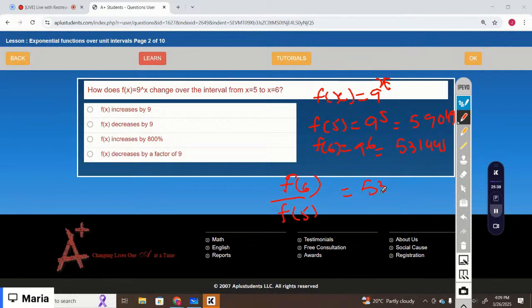So that is 531,441 divided by 59,049. Let me just do it. That equals 9.